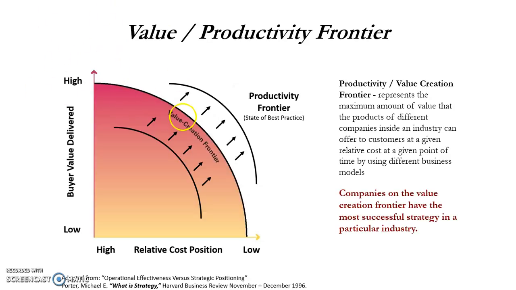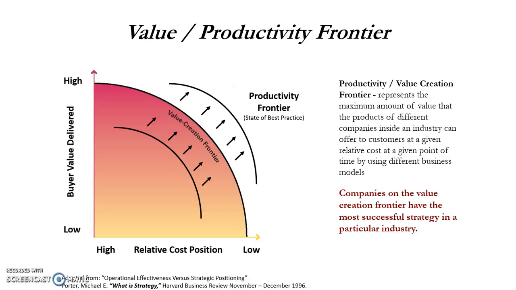Contrarily, on the other side of the curve, where we are talking about low value derived and low relative cost position, we are talking about low cost products that cater to the masses, or maybe to what we can refer to as C.K. Prahalad's bottom of the pyramid.